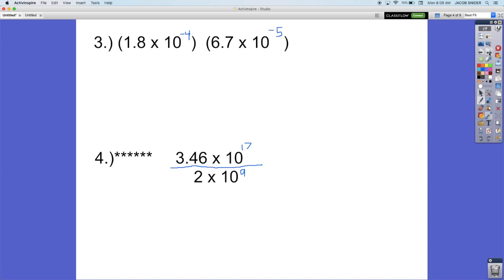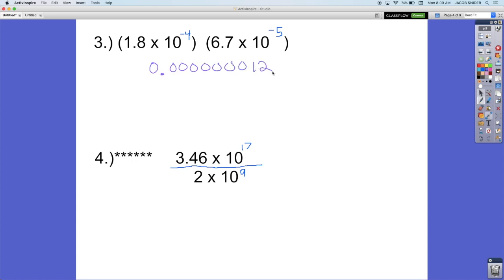Since I don't have an operation in between there, they're being multiplied, right? Okay? Since I got the parentheses, that can mean multiplication. This answer I may want to write in scientific notation, but here it is. We're going to in a second. Let's see. 7 zeros. 1, 2, 3, 4.